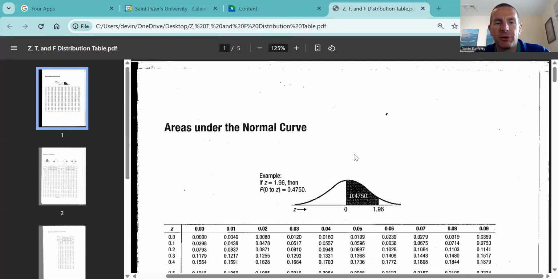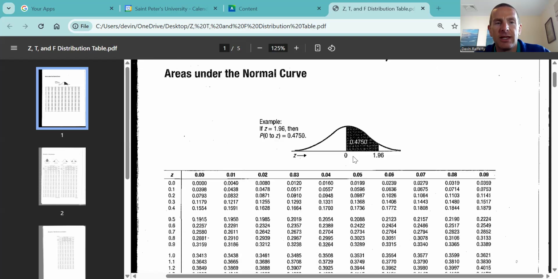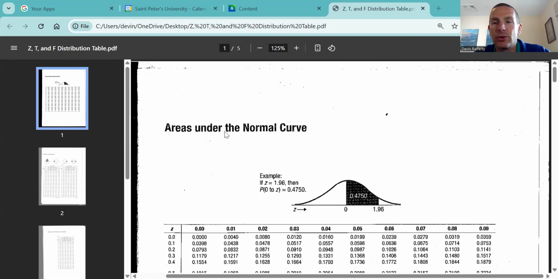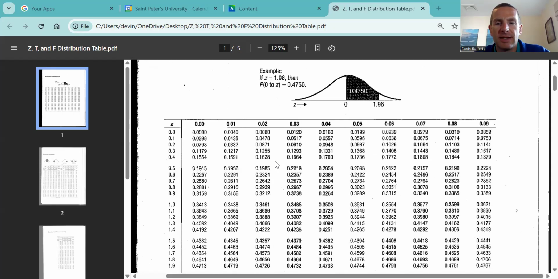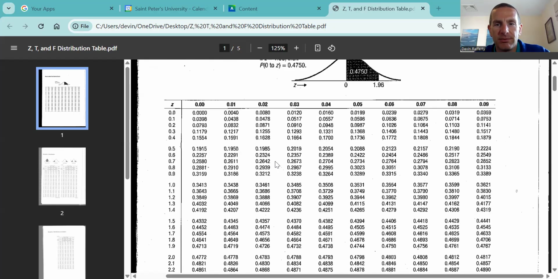This is the first page of the z, t, and f distribution, where it says area under the normal curve. This is the z distribution. What we are going to do is learn how to read this table.